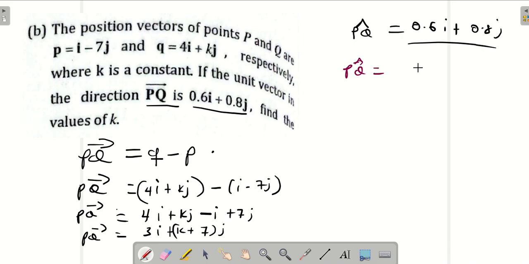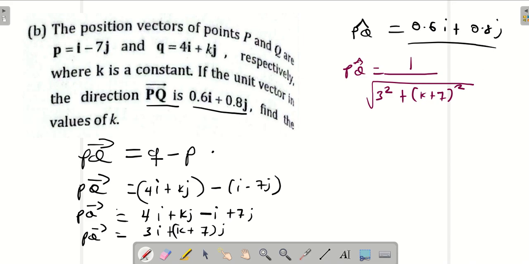That is, unit vector of PQ can be given as 1 over the magnitude of this vector, which is 3 squared plus K plus 7 squared, all square roots.